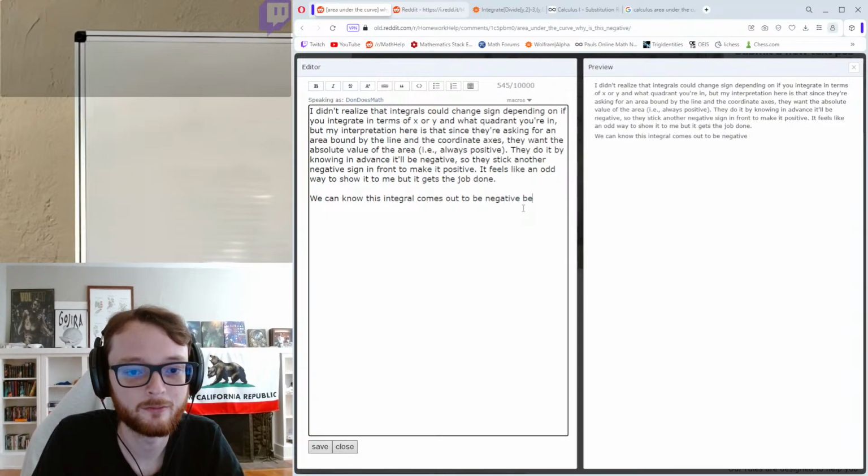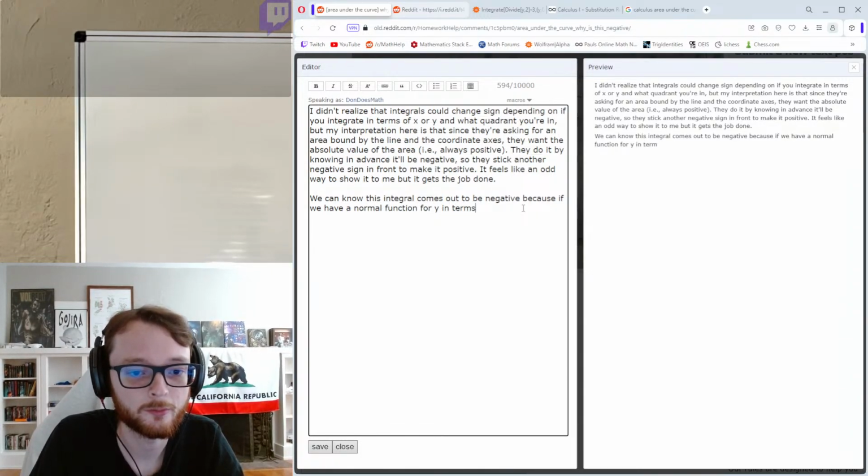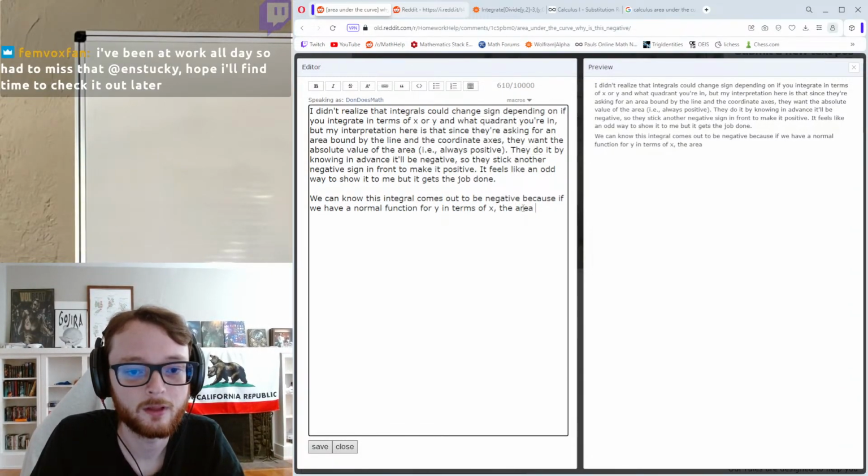It's negative because if we have a normal function for y in terms of x, the area becomes negative if you go below the x-axis, the negative y's.